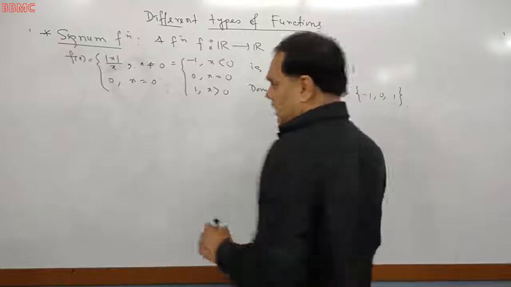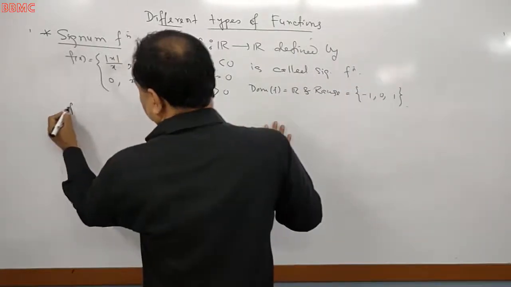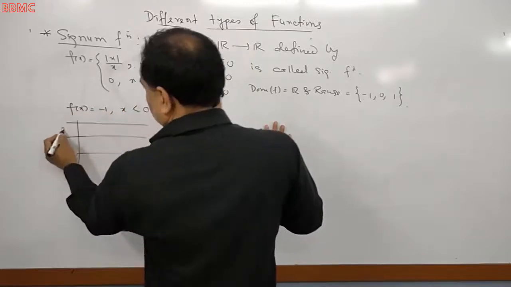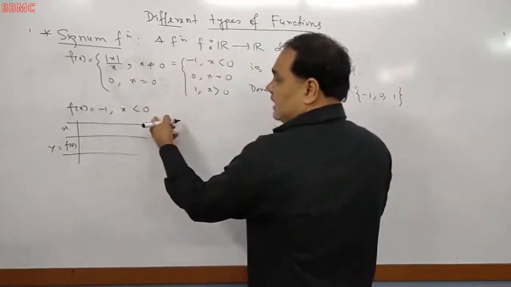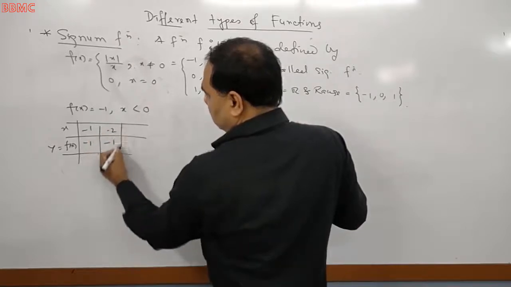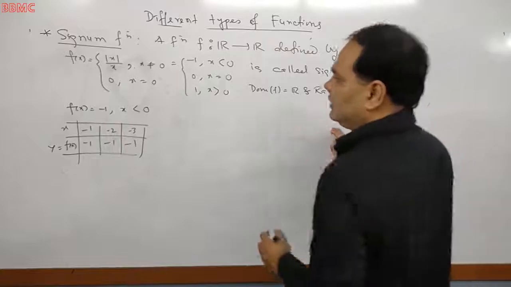If we want to draw the graph, let's go to the graph. x less than 0: x, y is equal to f(x), x is less than 0, so -1, -1; -2, -1; -3, -1, like that.